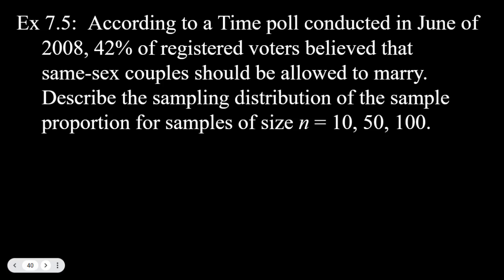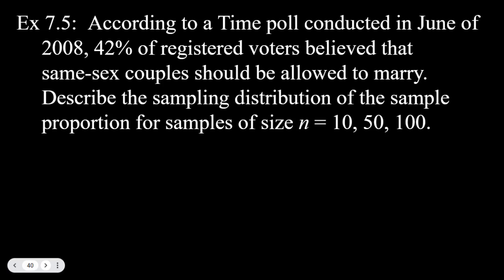Example 7.5. According to a Time poll conducted in June of 2008, 42% of registered voters believe that same-sex couples should be allowed to marry. Describe the sampling distribution of the sample proportion for sample sizes n equals 10, n equals 50, and n equals 100.